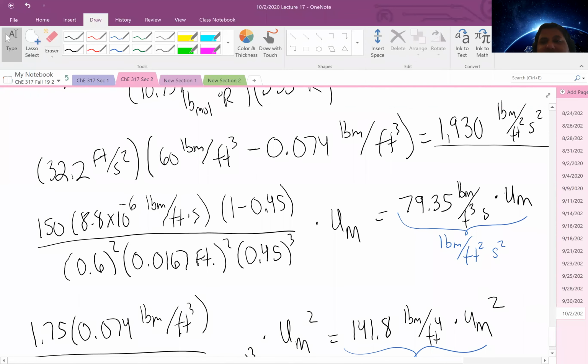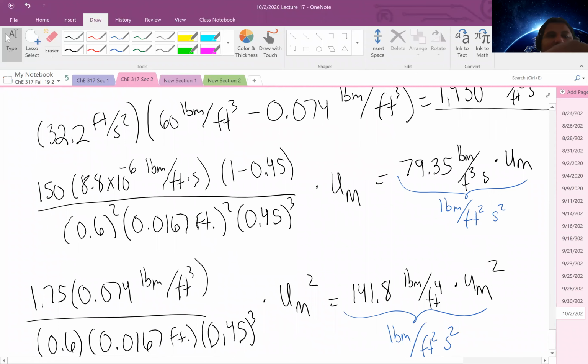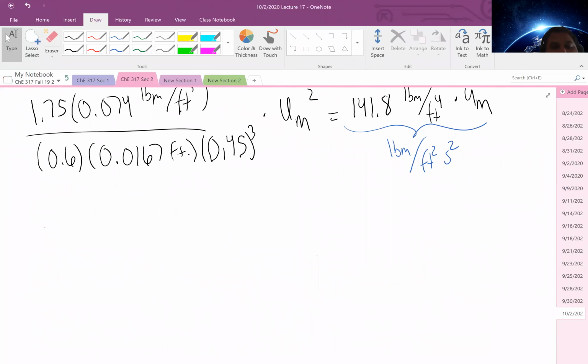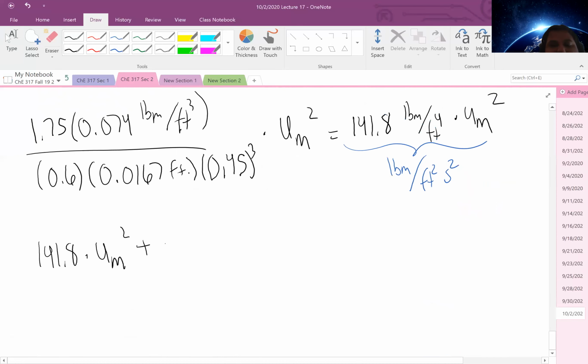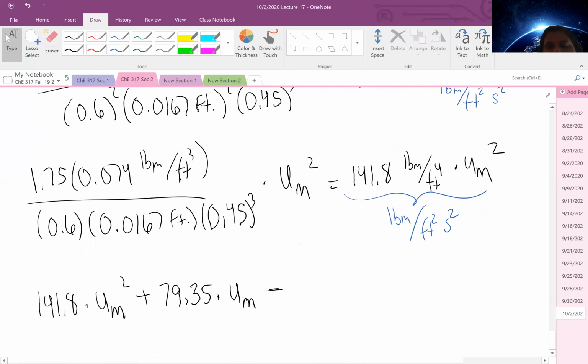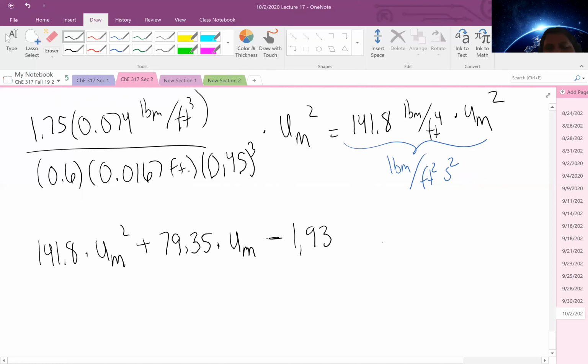And so what I can do is put this in a form that's a quadratic equation. I can say 141.8 times u sub m squared plus 79.35 times u sub m minus 1,930 equals 0.